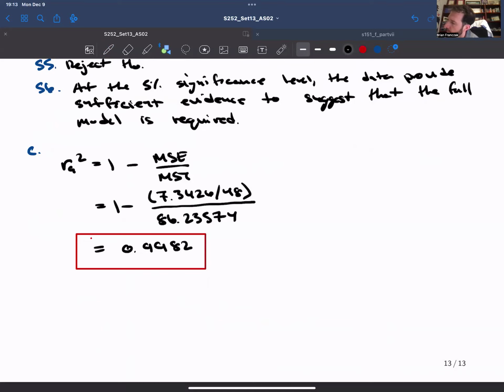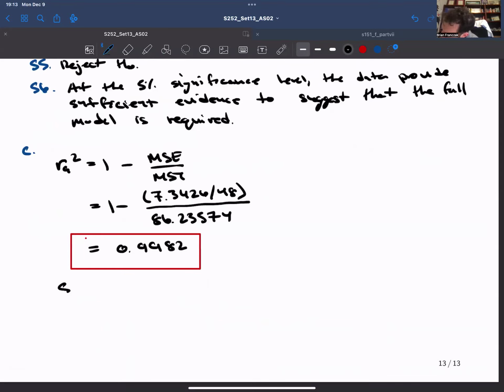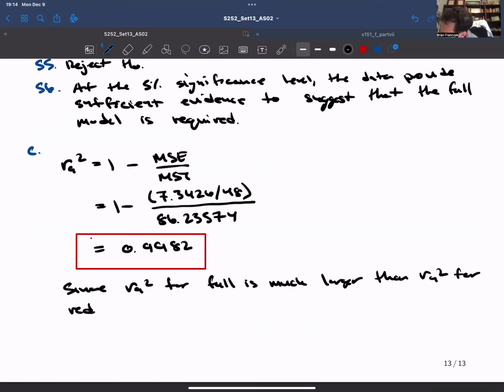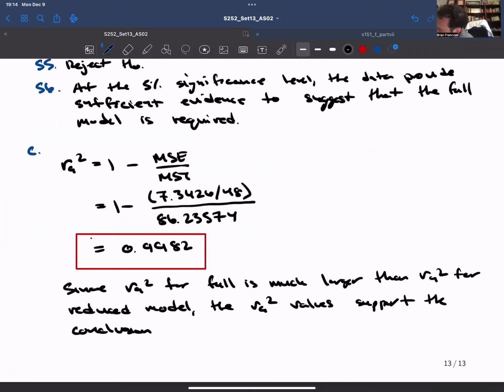And then we can say here, since R_A squared for the full model is much larger than R_A squared for the reduced model, the R_A squared values support the conclusion in B. Right?